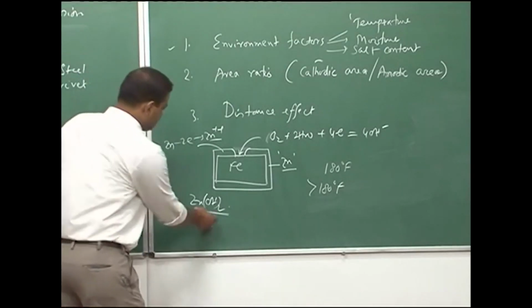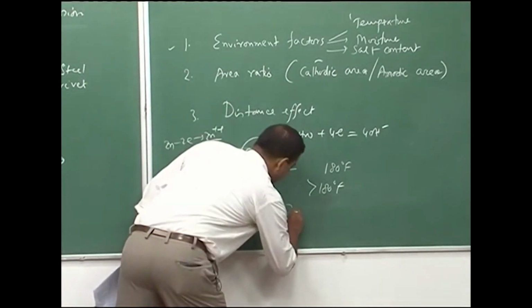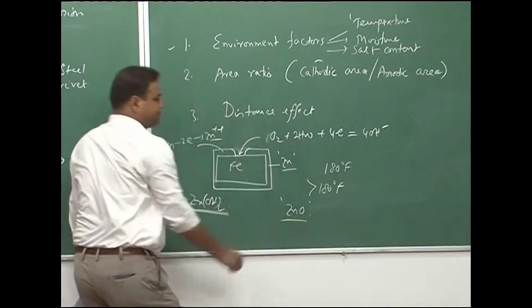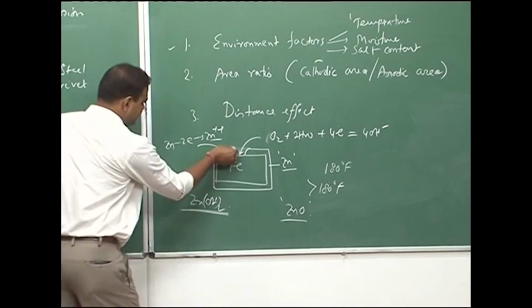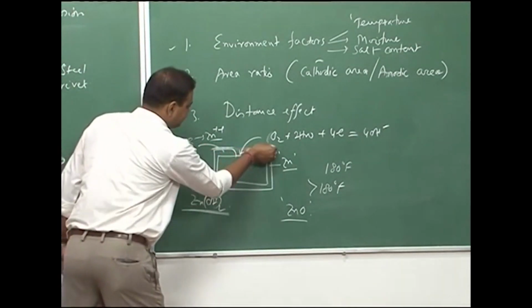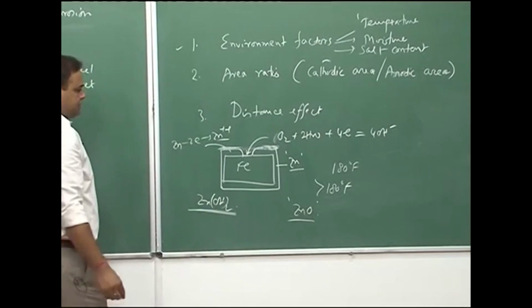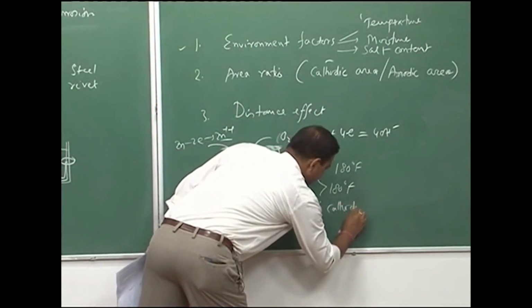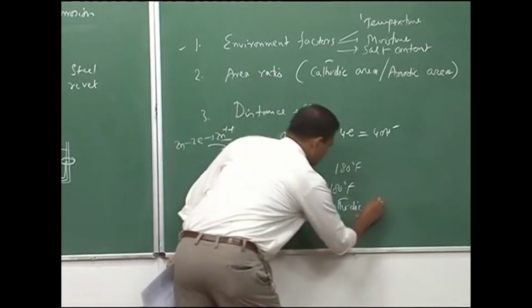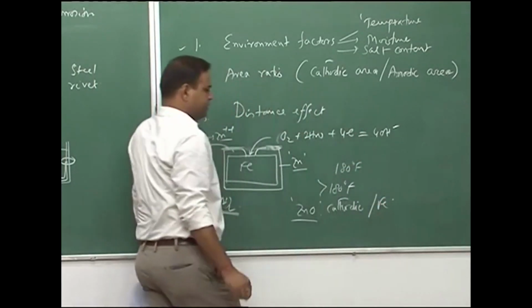In that case, instead of zinc hydroxide, zinc oxide will form, and this is a very adherent layer on the zinc surface. Once we have zinc oxide on top, zinc oxide is cathodic compared to iron.